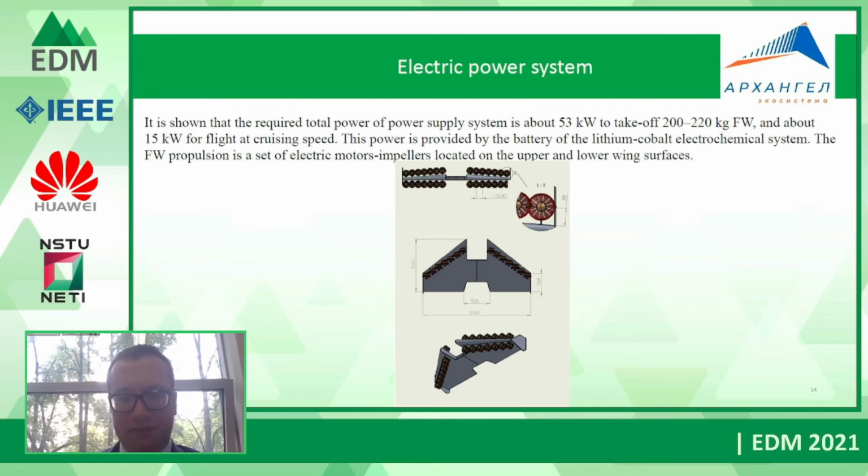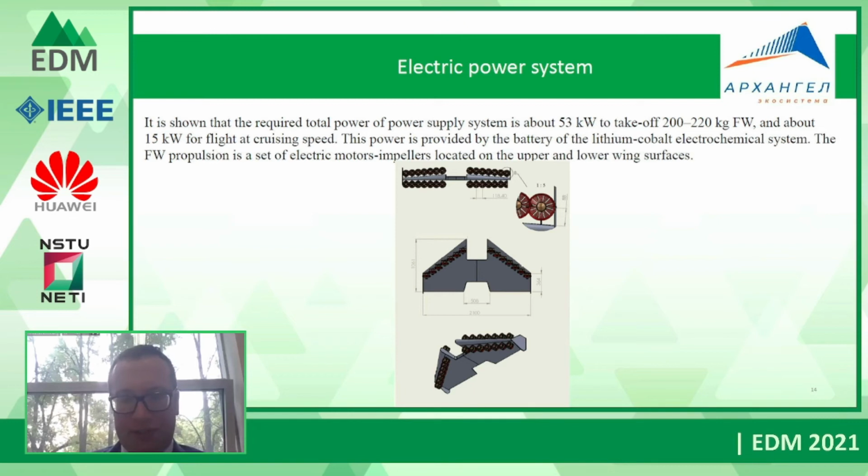The difference between start and cruising operation in energy is more than 5 times. So using the wing, the start is like in a quadrocopter regime, and cruising is like in a plane. So the difference in energy consumption is more than 5 times.